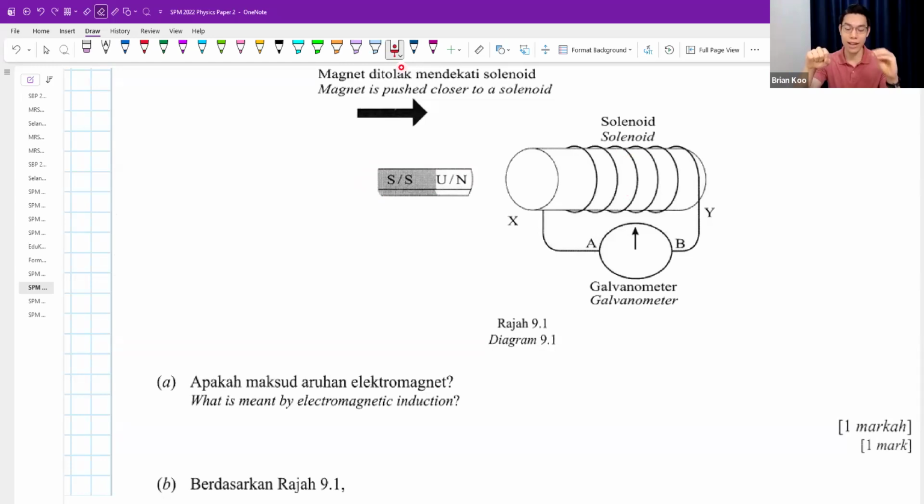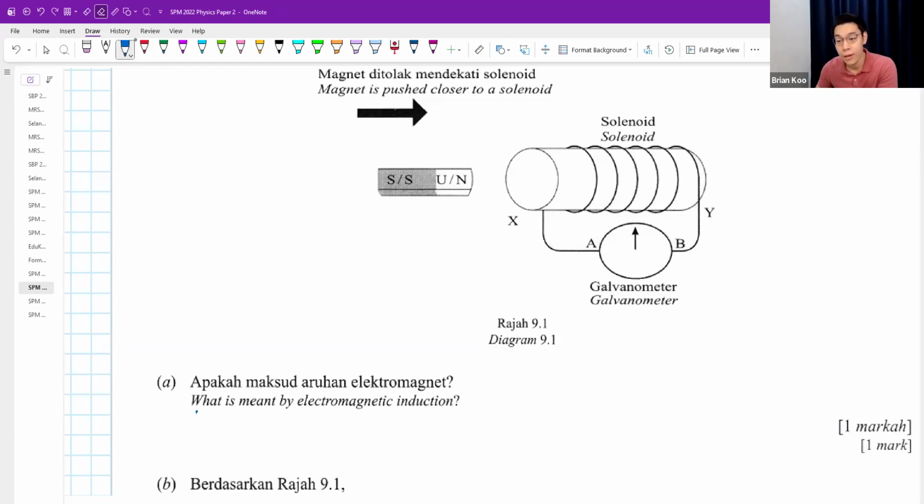My bad, I said relative motion between the magnetic field, the magnet, and also the conductor. If you move it in and out like that, you're going to cut magnetic flux. That is how you create e.m.f. Or you can say the solenoid is in a changing magnetic field. Also okay.